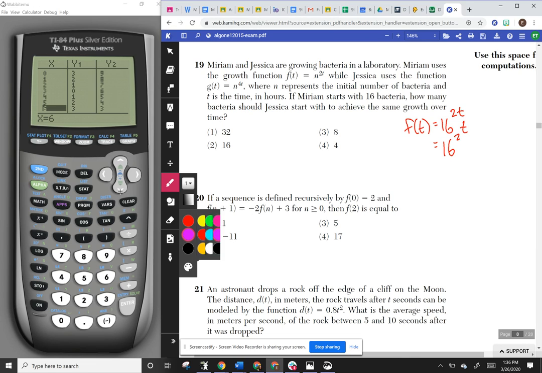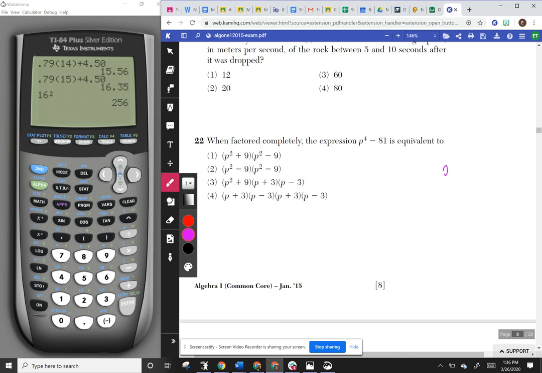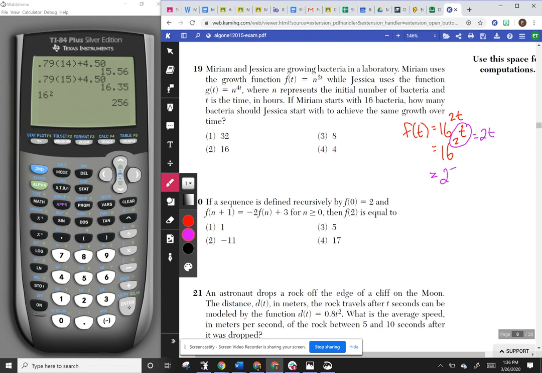When you raise a power to another power, you just multiply these. So I rewrote it backwards because I can now do 16 squared, which is 256. So we get 256 to the power of t.